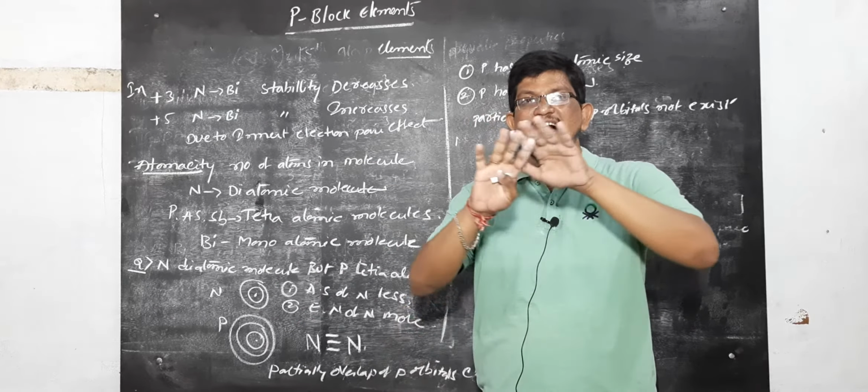If it forms a bond, the bond is easily breakable. That's why bismuth forms only a monoatomic molecule.